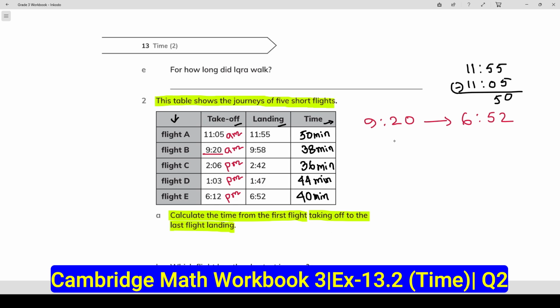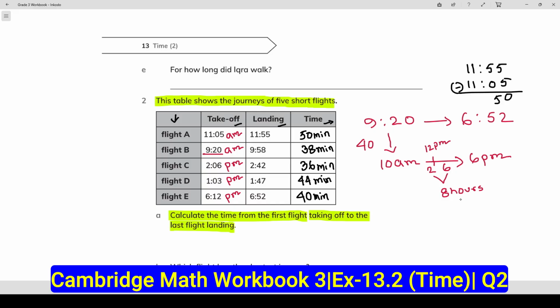Look, 9:20, once we add 40 minutes, we will get 10 a.m. and 10 a.m. to 6 p.m. How much time is that? Let's say 10 a.m. to 12 p.m. is 2 hours, and 12 p.m. to 6 is 6 hours, total 8 hours.